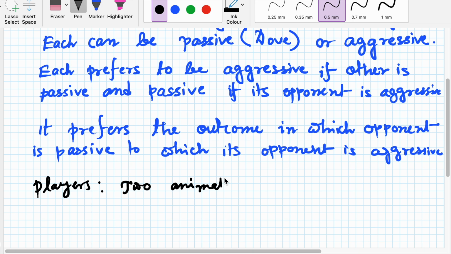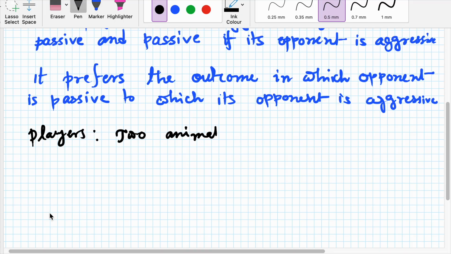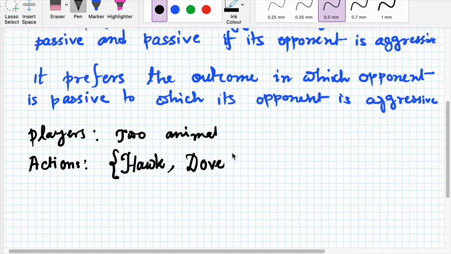What are the actions available? The action is aggressive or passive. Aggressive corresponds to the hawk strategy, and passive corresponds to the dove strategy.